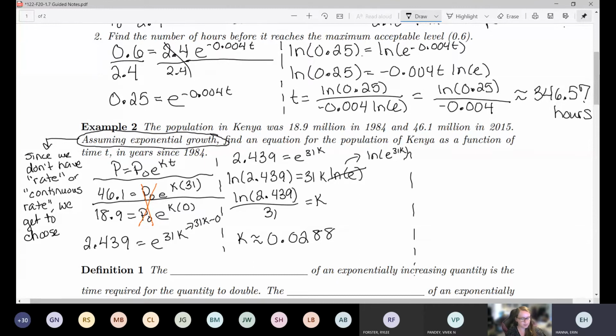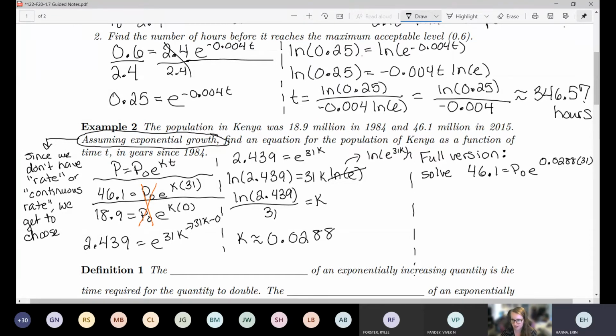The only other thing we need is P naught. In the full version, I'm going to take a little bit of a shortcut here. In the full version, you would plug that k into one of the two equations you had and solve for P naught.